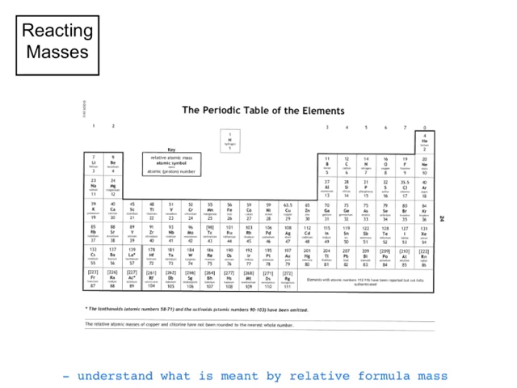So all the atoms are weighed relative to each other. So hydrogen has a relative mass of 1. So the fact that carbon has a relative mass of 12 means that carbon is 12 times as heavy as hydrogen. So this top number is what we'll be working with today, and that represents the relative mass of an atom of the element in the periodic table.